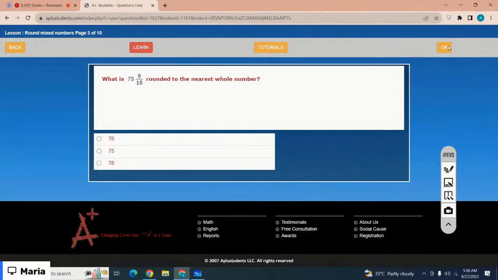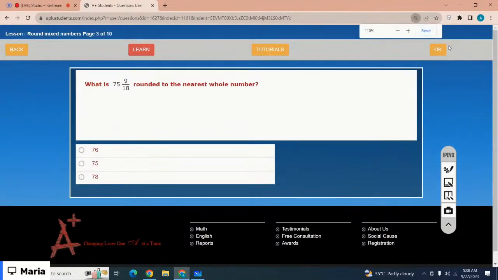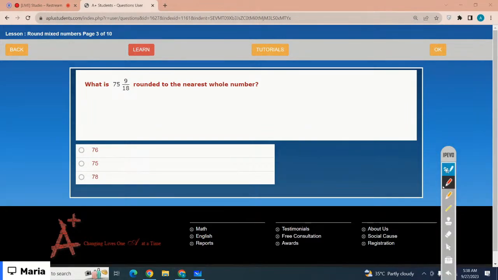Is 75 whole 9 by 18 rounded to the nearest whole number? 9 by 18 is equal to half. They both are equal, 9 over 18 and 1 by 2. How do I know? Divide them by the common factor. The common factor is 9. So that is 1 over 2 and 1 over 2. So when they are equal, you have to round up.